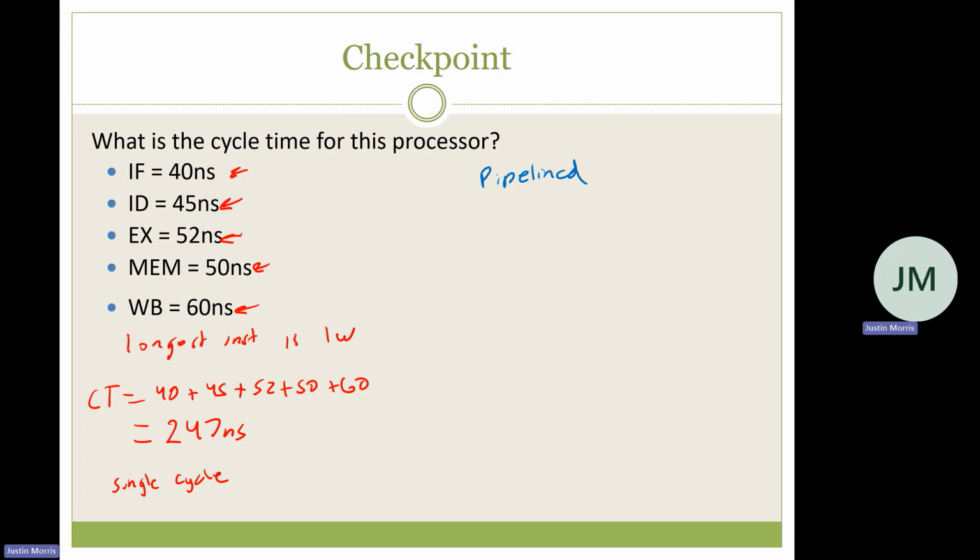But we're asking for cycle time. Longest stage. So what's our longest stage? It's defined by the longest stage, which happens to be write back. So CT is 60 nanoseconds, right?